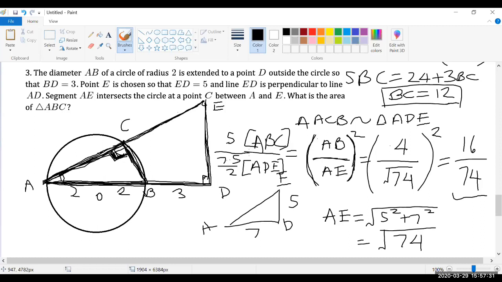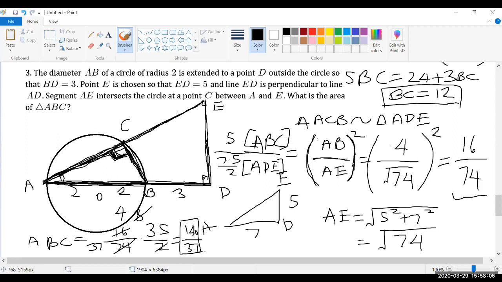And if we solve for ABC now, we get that ABC equals 16 over 74 times 35 over 2. Yeah, okay. And then we can cancel out a 2 from the top and the bottom. So our final answer is 4 times 35, which is 140, and then over 37. So that's our final area.